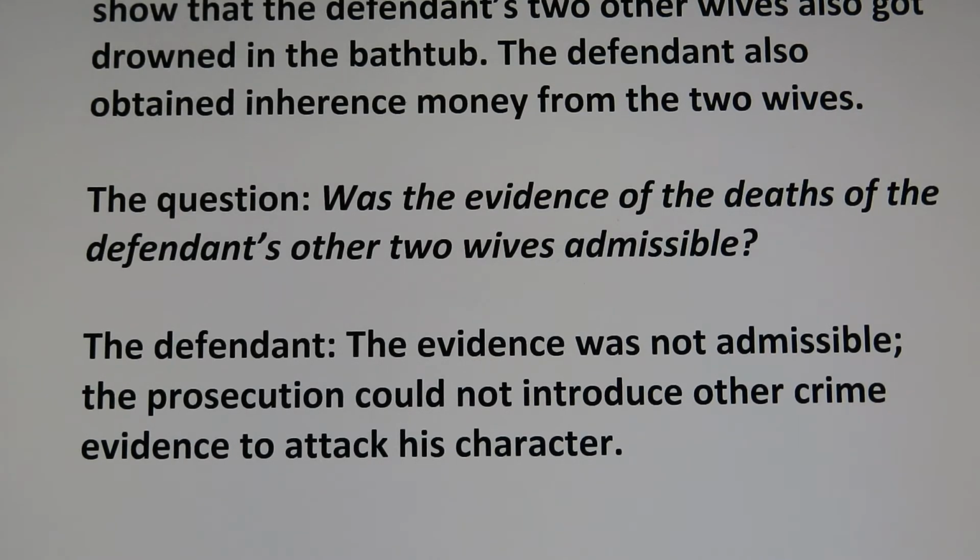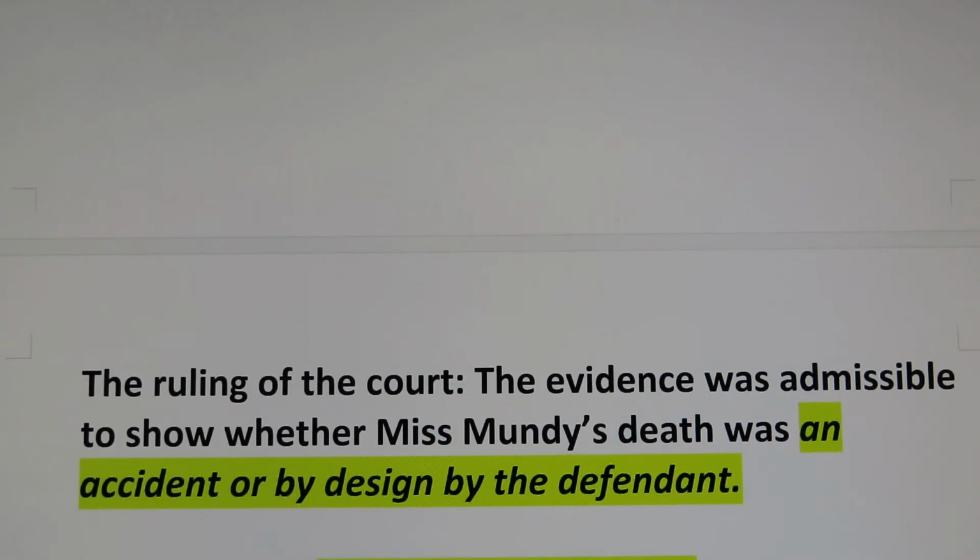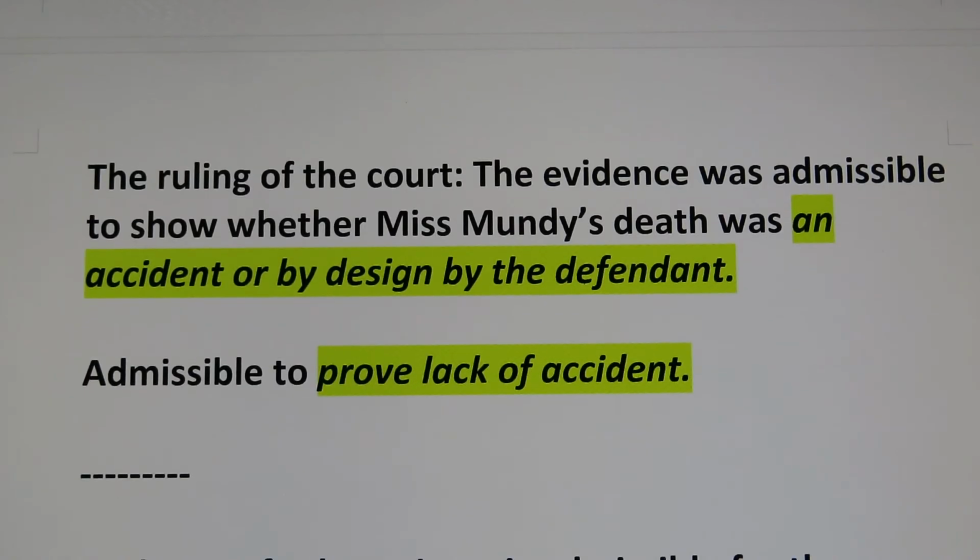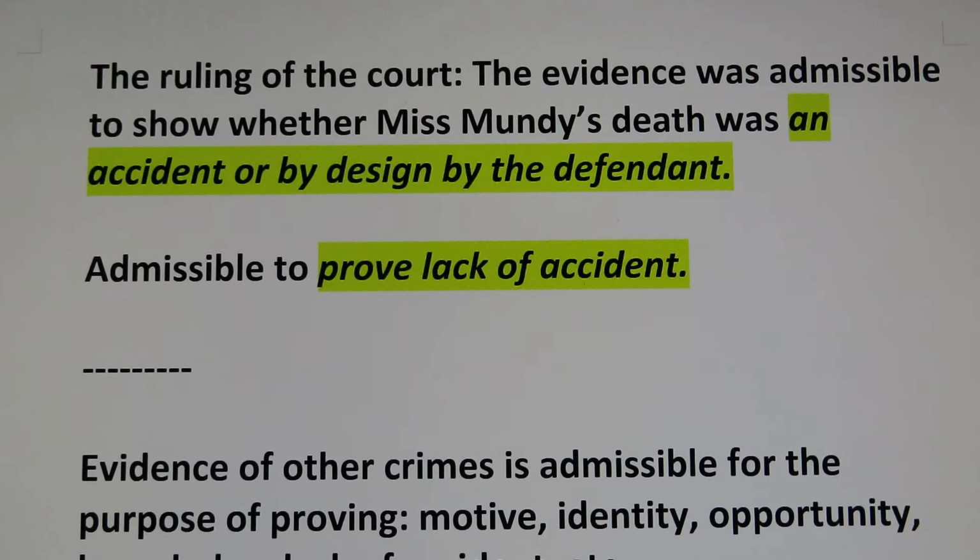The defendant argued the evidence was not admissible. He argued the prosecution could not introduce other crime evidence to attack his character, that the death of his other two wives was character evidence that should not be permitted. The ruling of the court was that the evidence was admissible to show whether Miss Mundy's death was an accident or by design of the defendant.